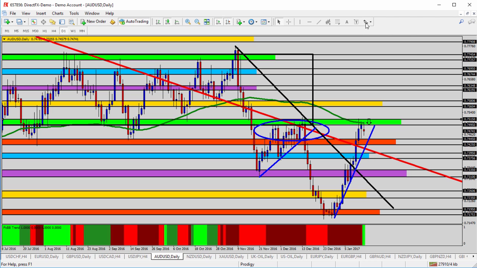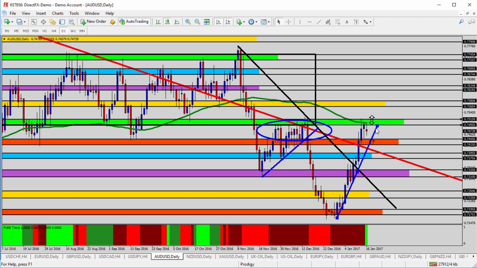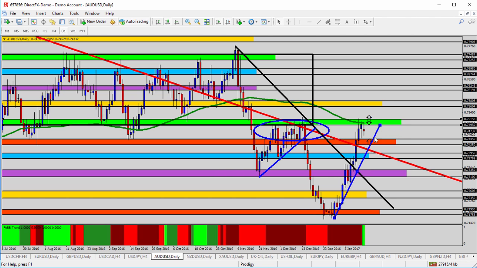So if you're looking to go short, obviously that's the place to do it. If you're looking to go long, which I think could be an interesting prospect this week, it needs to break through the green zone 75.15 or possibly dip back down to the orange zone. Those are your two opportunities to go long. Down to the orange zone or above the green zone. Interesting is that this is the first day we've seen the Forex Black Book down here at the very bottom go green. With this rise along the blue trend line, it's turned green.